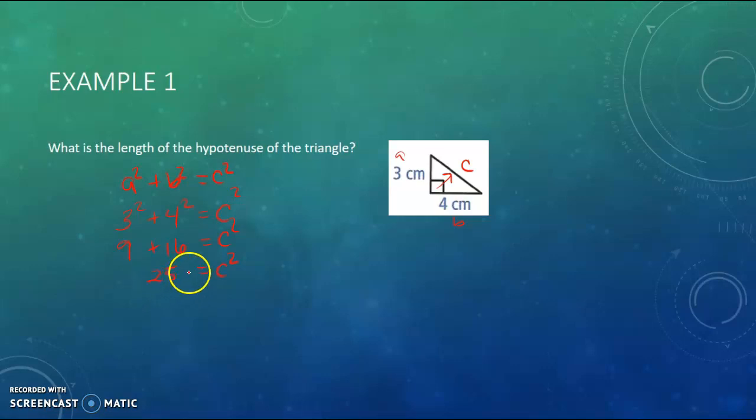So C squared equals 25, and the inverse operation of squaring is the square root, like we talked about in chapter 3 in section 3.1. So in that section we talked about how our square roots have two answers, a positive and a negative. Well, a negative side length does not make sense. So positive is the only one that makes sense for this. So the square root of 25 is 5. So 5 equals C. And that's how we find the length of the hypotenuse.